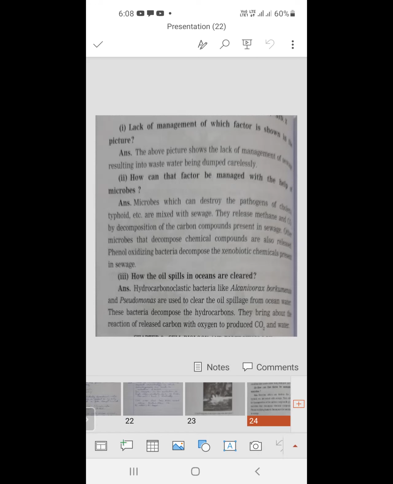These bacteria decompose the hydrocarbons, and they bring about the reaction of released carbon with oxygen to produce carbon dioxide and water. For 3 marks, you can write this much answer to this question.